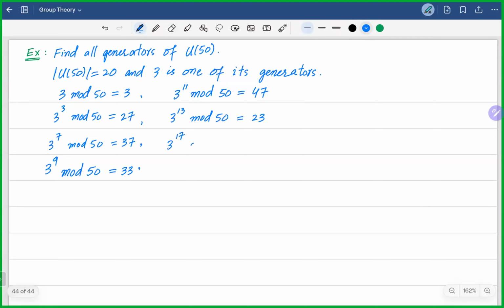Similarly, 3 to the power 17 gives 13, and 3 to the power 19 gives 17. Okay. We had to do some arithmetic here, but it certainly entailed much less work than finding all the generators by simply determining the orders of each element of U50 one by one.